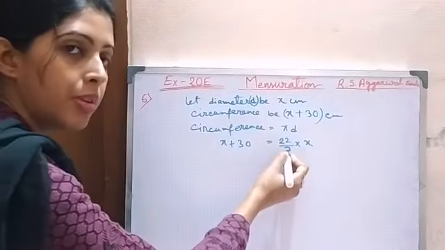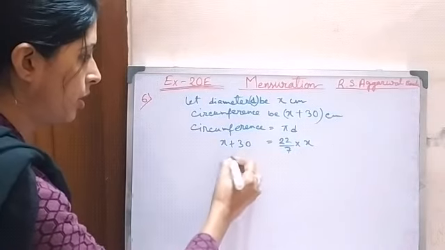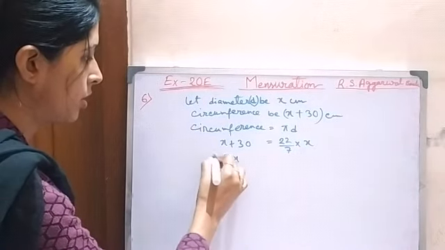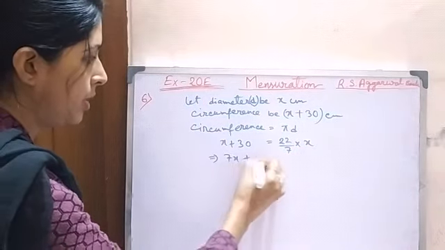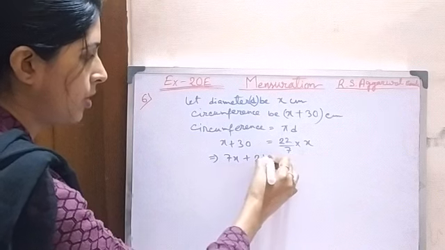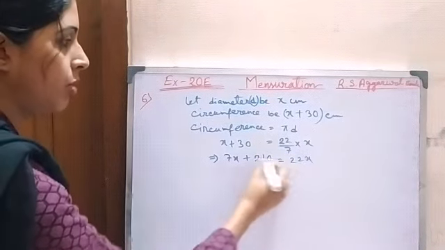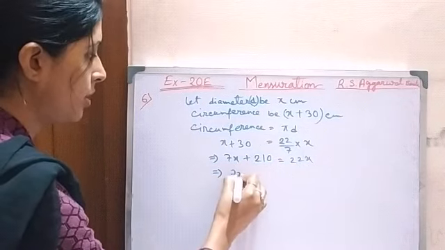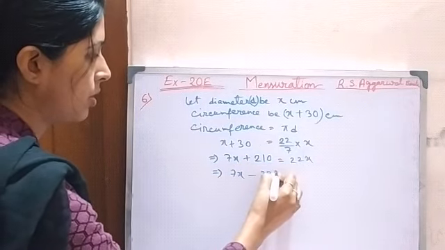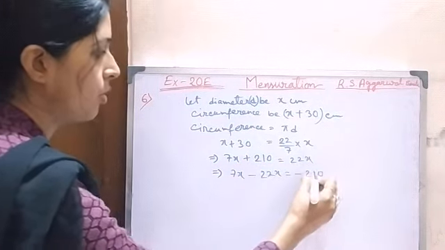Now this 7 will be multiplied with it, then this is 7x plus 7 3s are 21, and this is 22x. Now this will come to this side, so 7x minus 22x equal to minus 210.